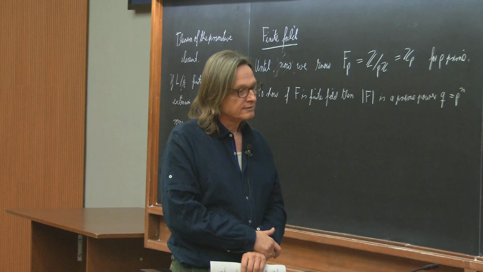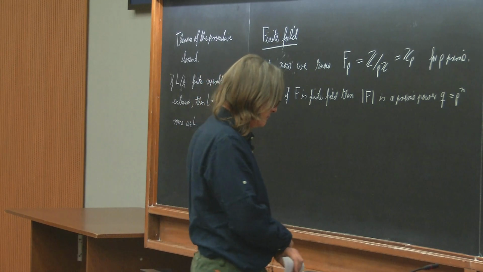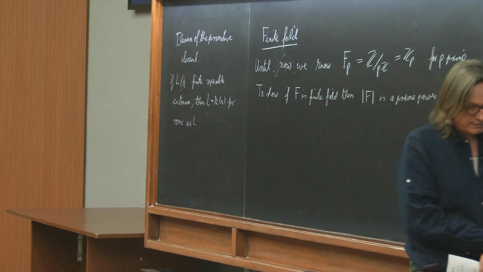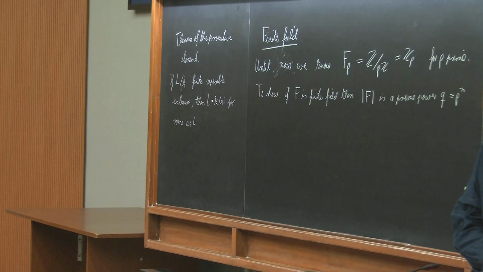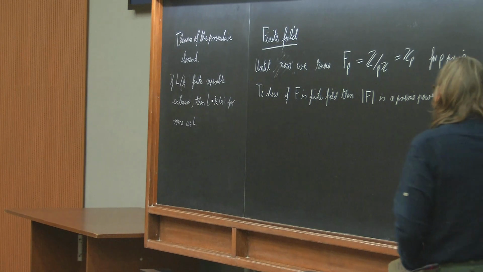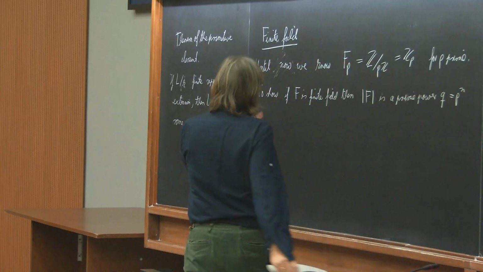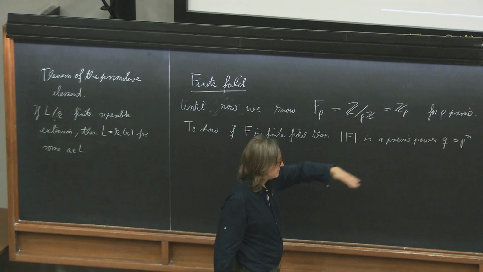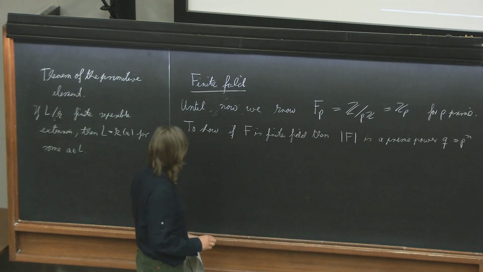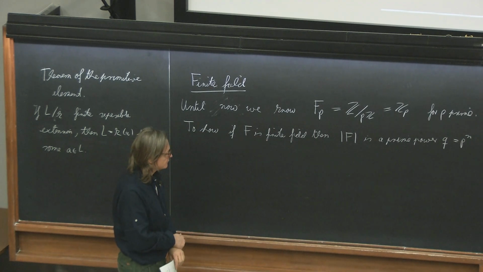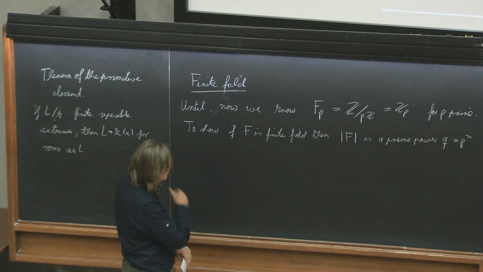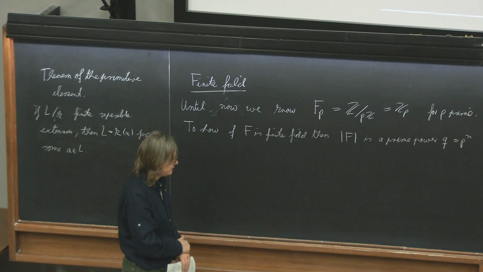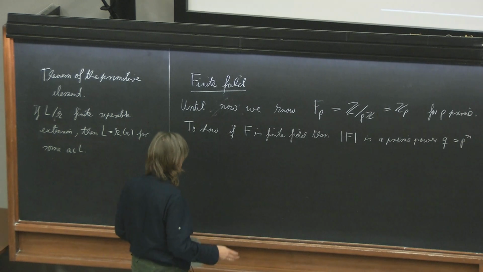If there is another prime number that divides the order of F, then we consider the additive group of this field. Yeah, that's okay. So this thing is quite easy. I will give another proof, but it's very simple. The non-trivial thing is that up to isomorphism, there is only one field of this order.